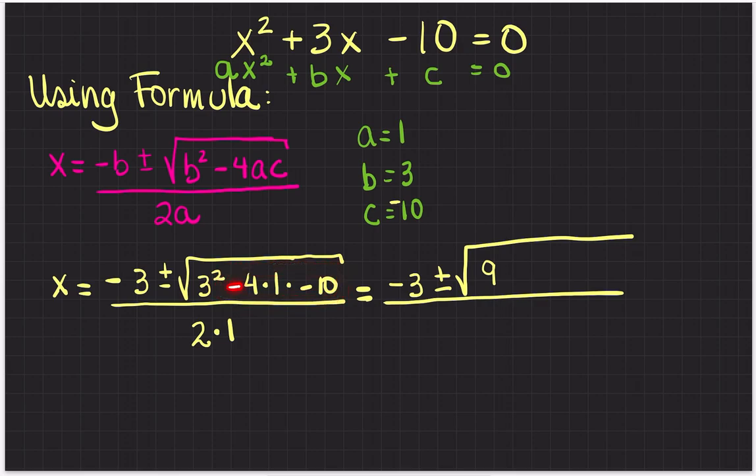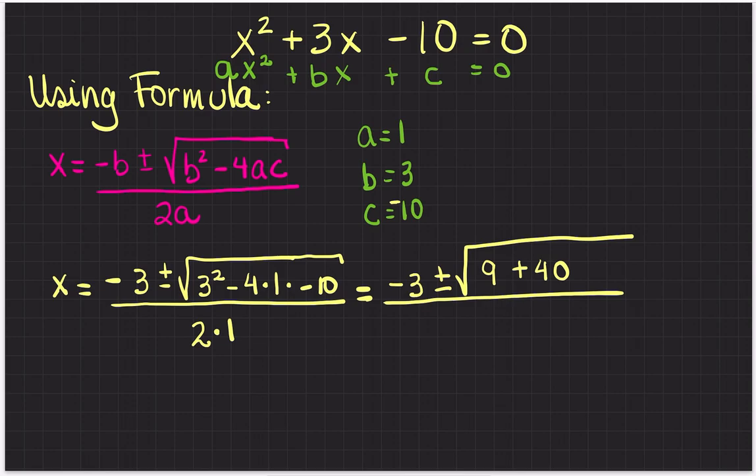So let's do negative 4 times 1. That would be negative 4, right? So now I have a negative 4 times negative 10. A negative times a negative is a positive, and 4 times 10 is 40. So that will be plus 40.